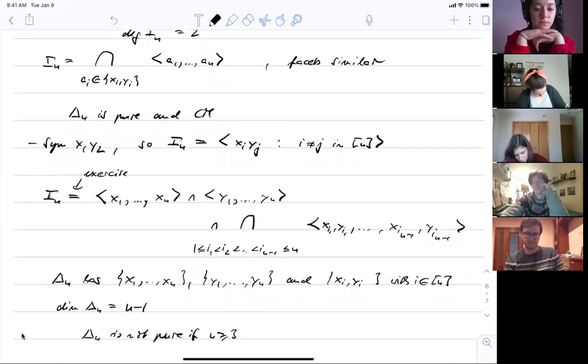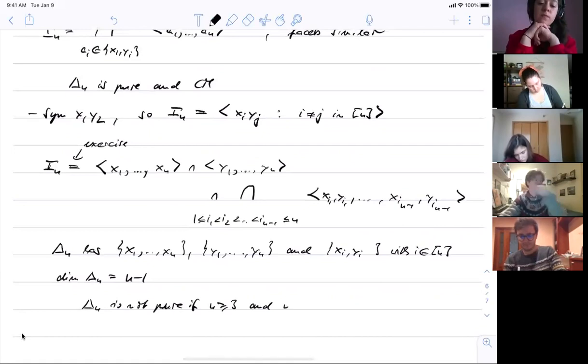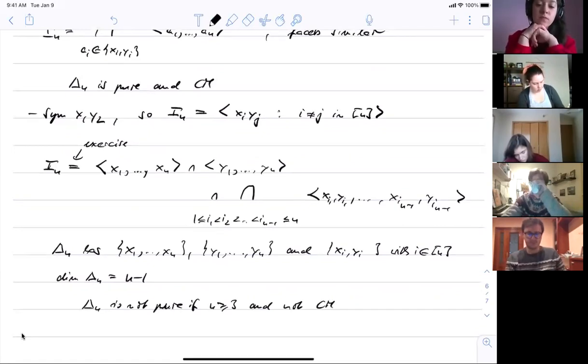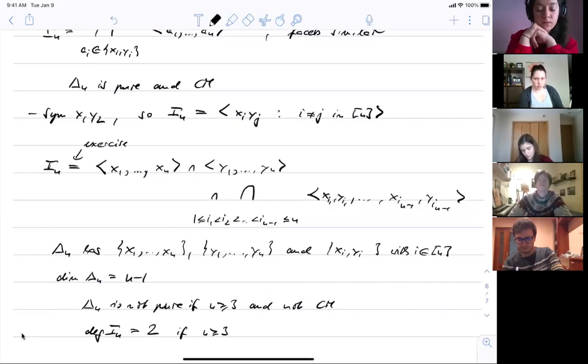And then it's a general fact, if it's not pure, it cannot be Combinatorial. What's the degree? It's the number of facets of maximal dimension, but we have always 2 of these only if n is at least 3.